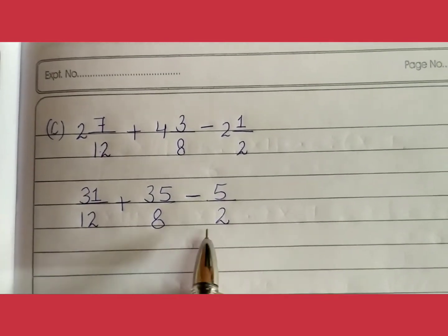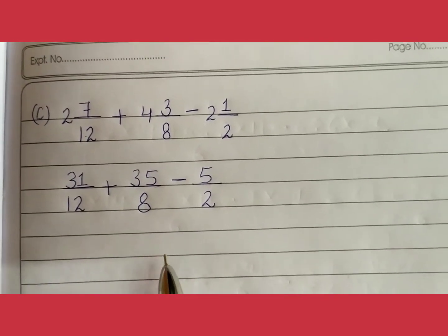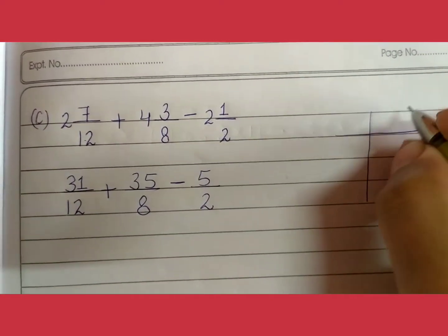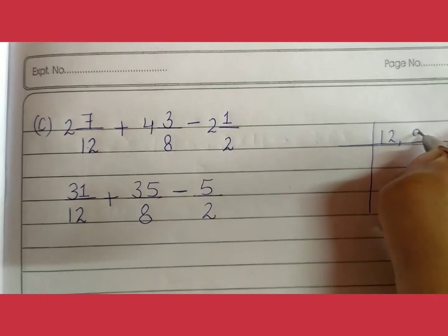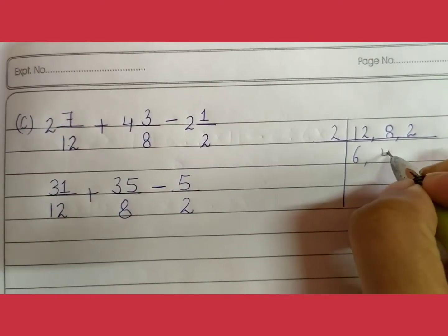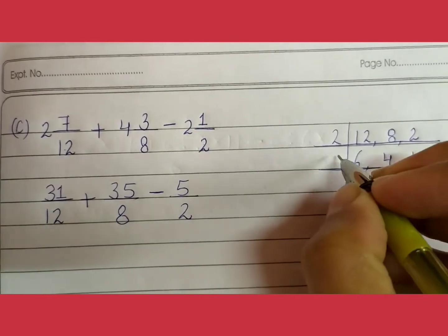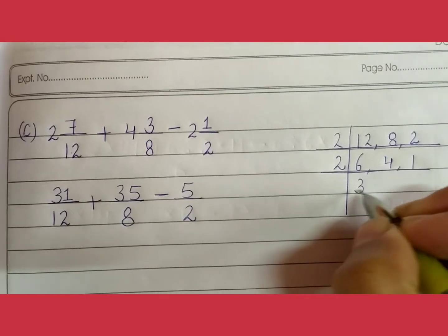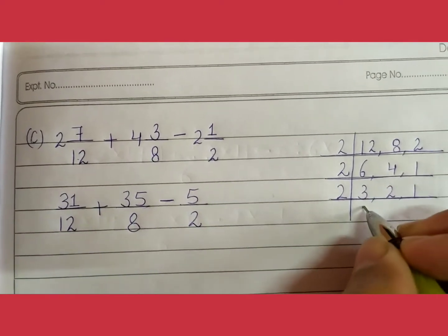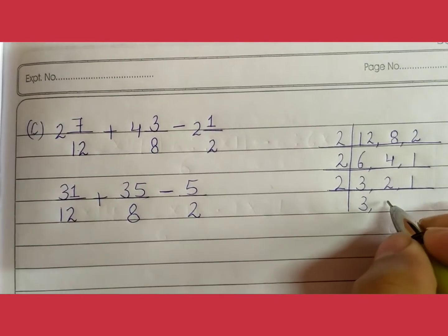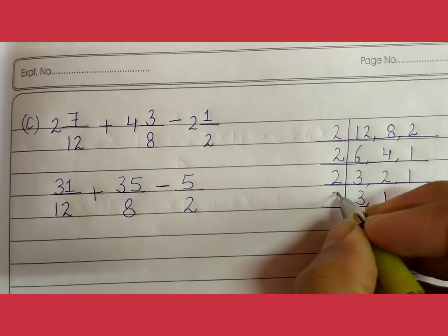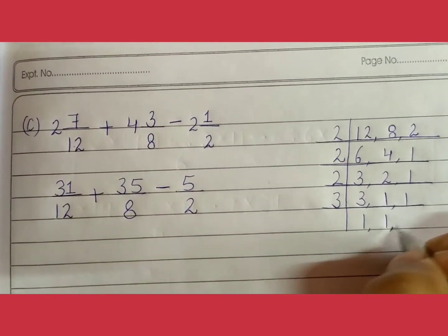Since denominators are not the same, find out the LCM. 12, 8, 2. 2 sixes are 12, 2 fours are 8, 2 ones are 2. Again write 2, 2 threes are 6, 2 twos are 4, 1 as it is. 3 as it is, not divisible by 2. 2 ones are 2, 1 as it is. 3 ones are 3.